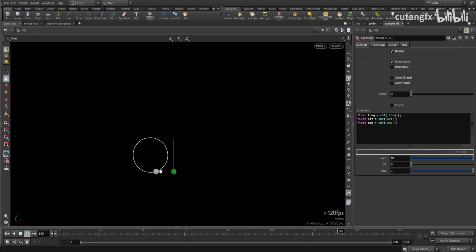The only thing is that the x value, so left and right, is stripped out of the green. It's not moving left and right at all, but it is following the up and down exactly the same. And if I create my blue point over here, you'll see that it's doing the exact same thing, but just the left and right and not the up and down.